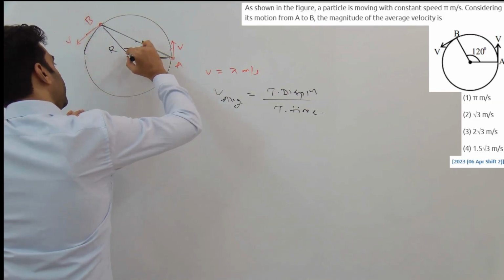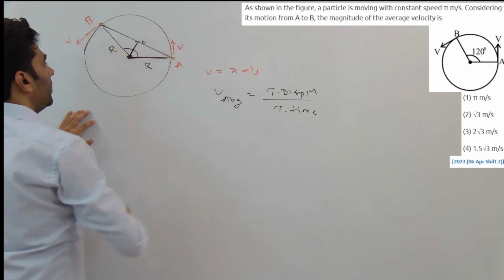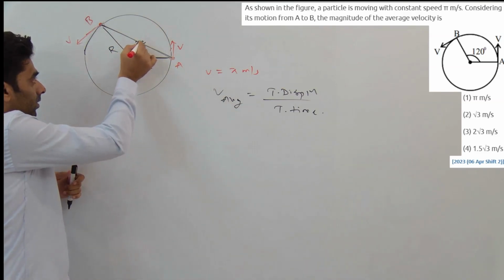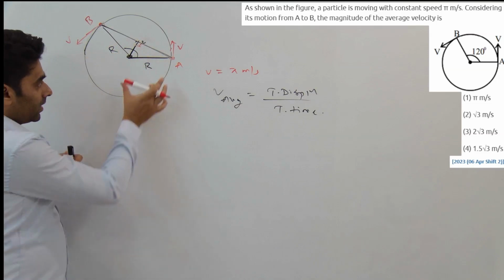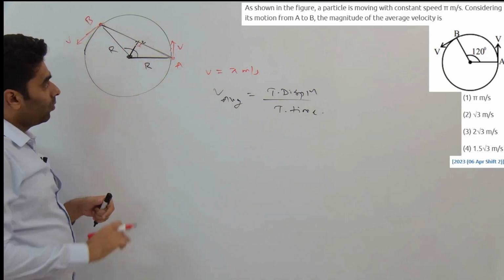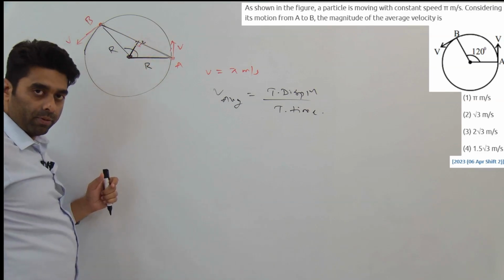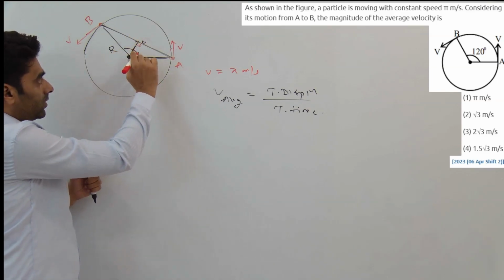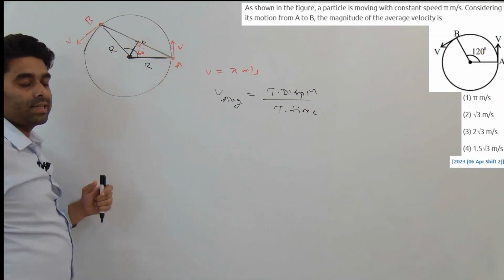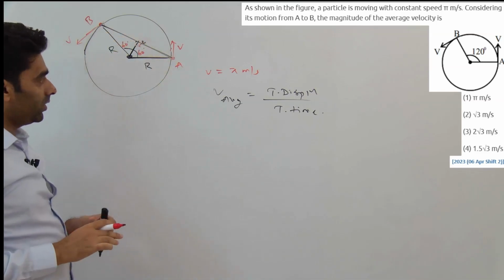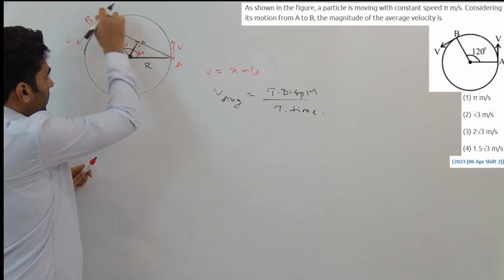Let's see, if we drop a perpendicular over here, this is radius R, and this is R over here. The total angle was 120 degrees, so if we drop a perpendicular, this angle will be 60, and similarly this angle is also 60. Now, if you notice carefully, we want this AB distance.